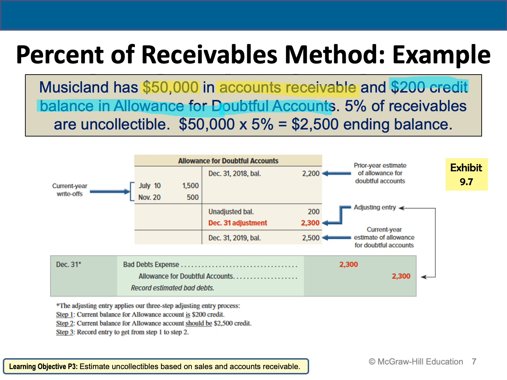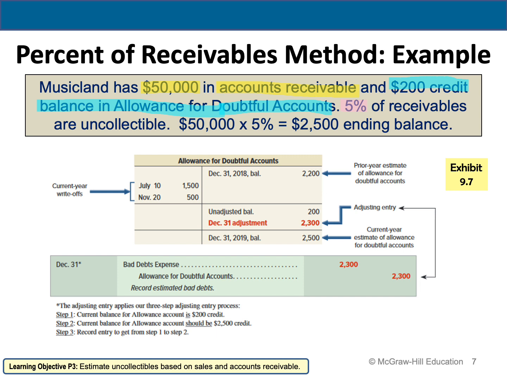And we have 5% of the receivables that will be uncollected. So we assume that 5% of the account receivable will be uncollected.